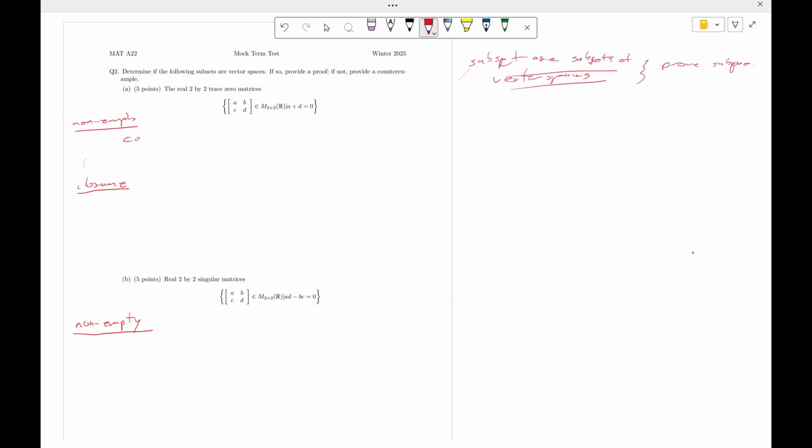So consider the matrix 0, 0, 0, 0, and we're adding this entry to this entry, 0 plus 0 equals 0.